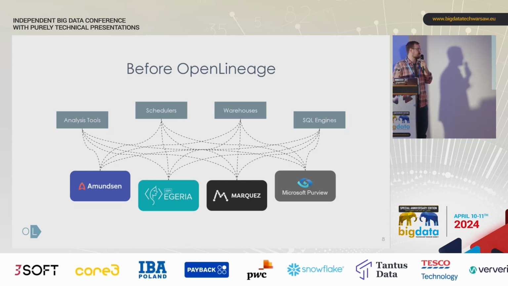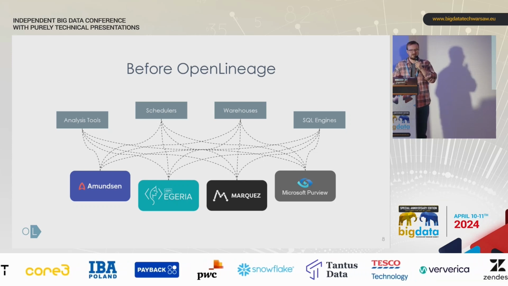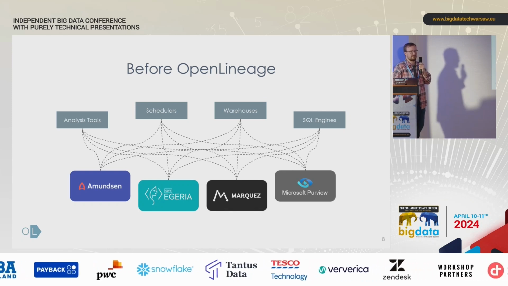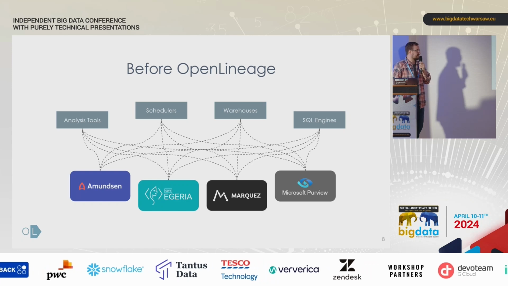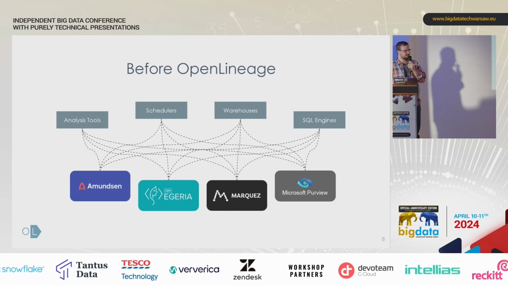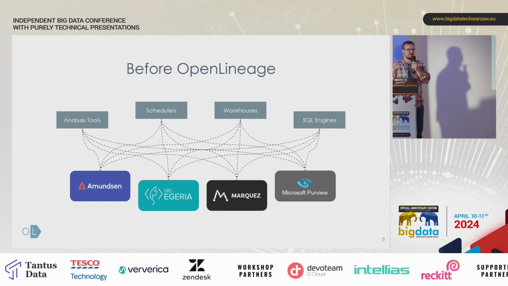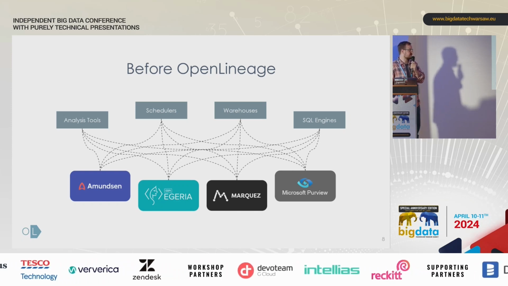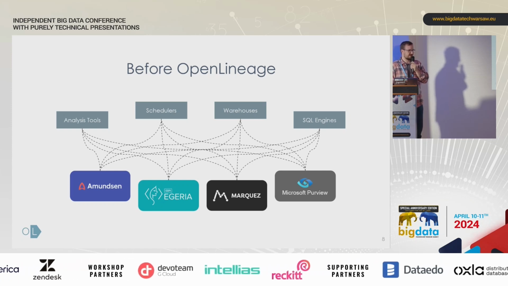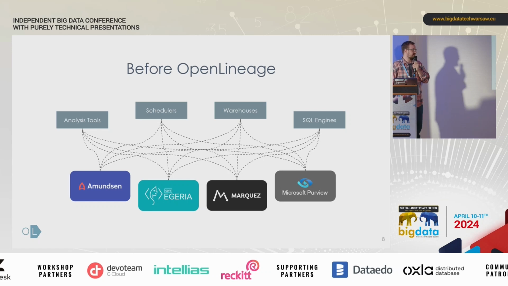So you have data from warehouses, schedulers, you have scripts that gather your lineage from Snowflake, Databricks, and then send it to your preferred data governance tool, data catalog, or other tools that might do some other things with it, like incident detection.